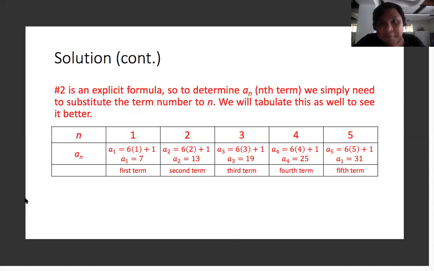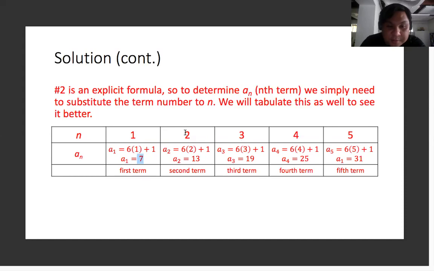A sub 1 is definitely defined there. So again, we have the term numbers 1, 2, 3, 4, and 5 because we are looking for the first 5 terms. A sub 1 is equal to 6. Then you replace the n by the term number, which is 1. So it's 6 times 1 plus 1. So eventually we have 7.